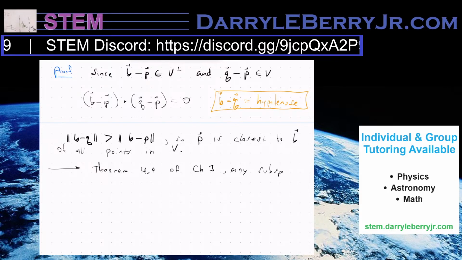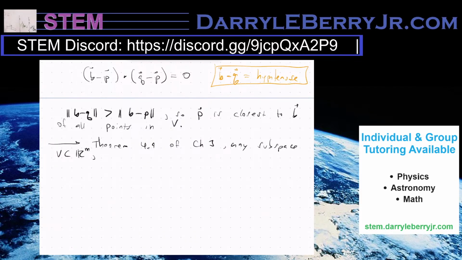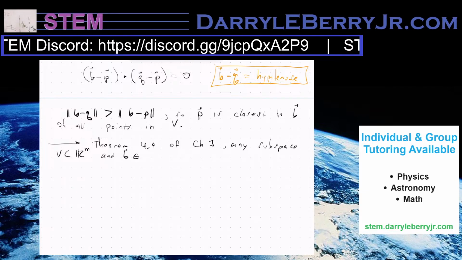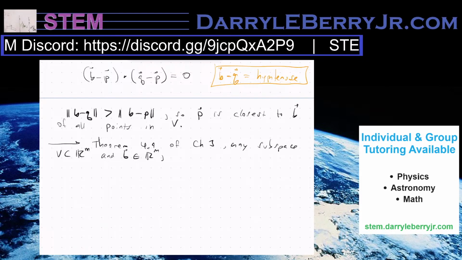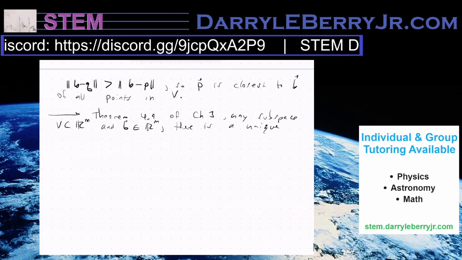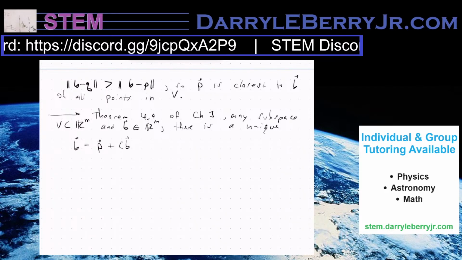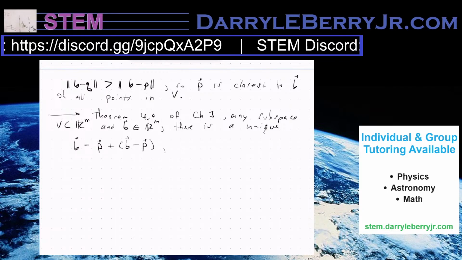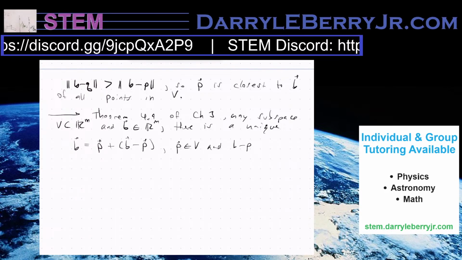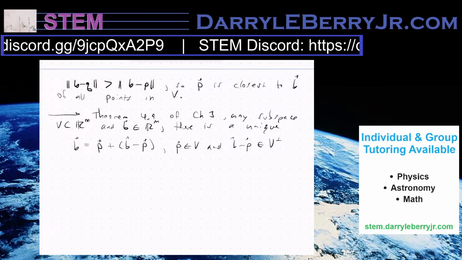Any subspace V in Rm and B in Rm, there is a unique decomposition B equals P plus B minus P, where P is in this space and B minus P is orthogonal to the space, right?